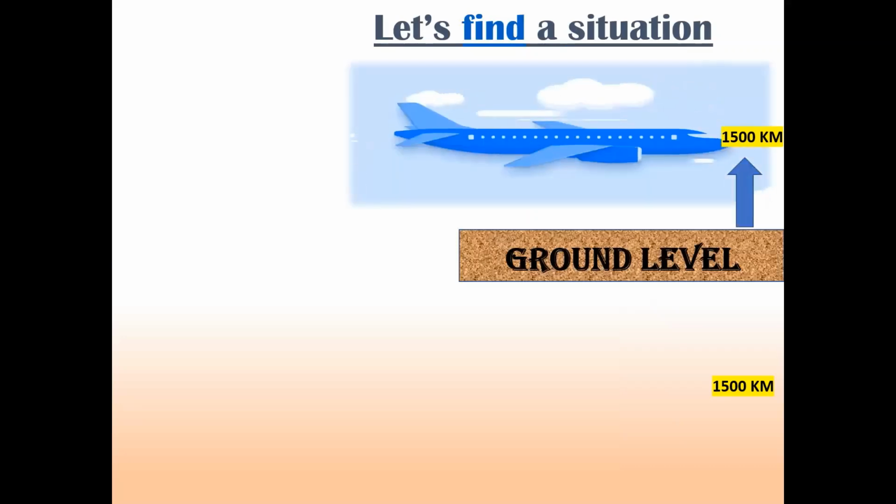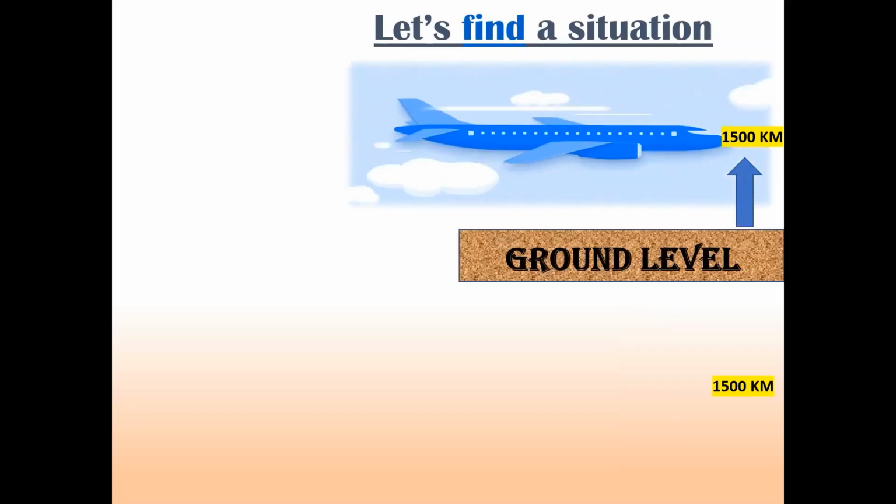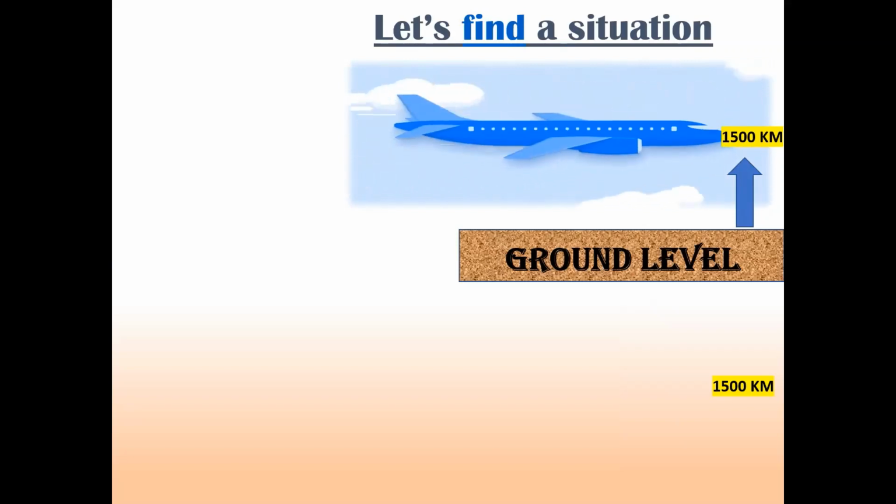So all these situations were there in the minds of the mathematicians who used to work on the concepts of mathematics. And if you practically land up, you also might feel the same thing. Suppose one fine day you went to the beach and you saw an aeroplane flying up in the sky, which was 1500 kilometers above the earth level.